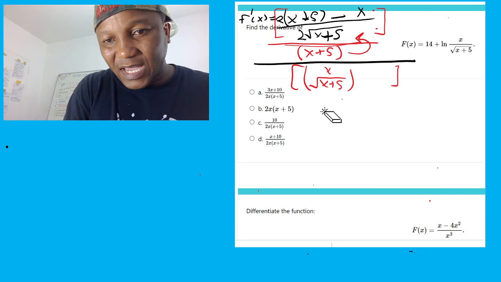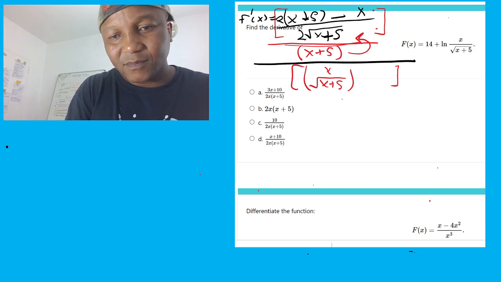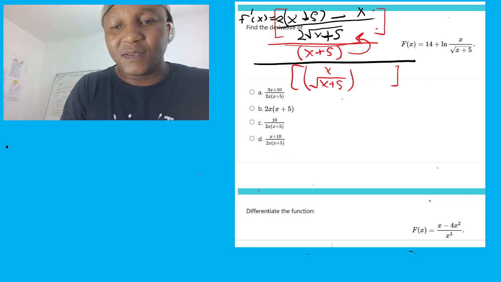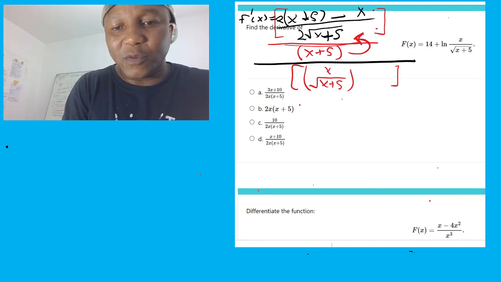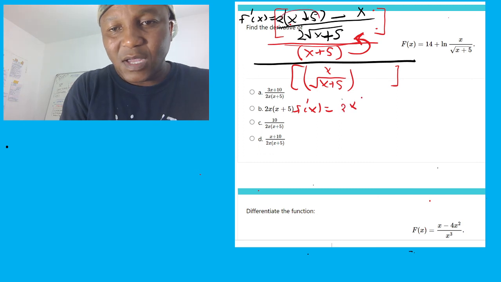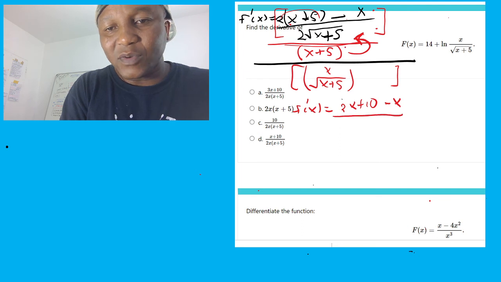So then we say this one right here is gonna come there. So then f prime equal to 2 times x, 2x, 2 times 5 equal 10 minus x, and then over, this guy is gonna come here.